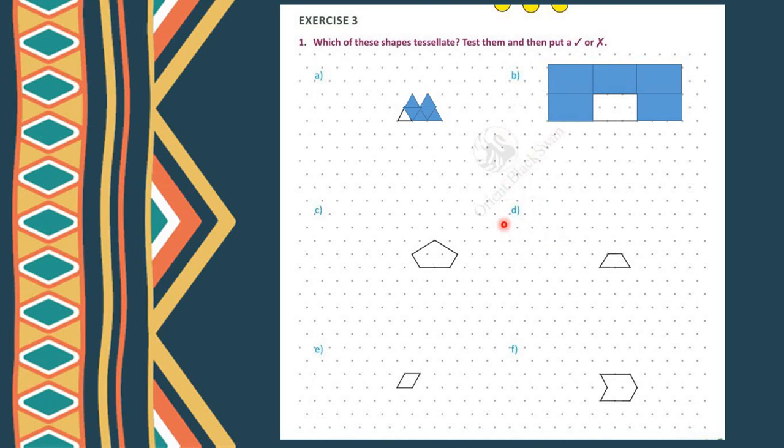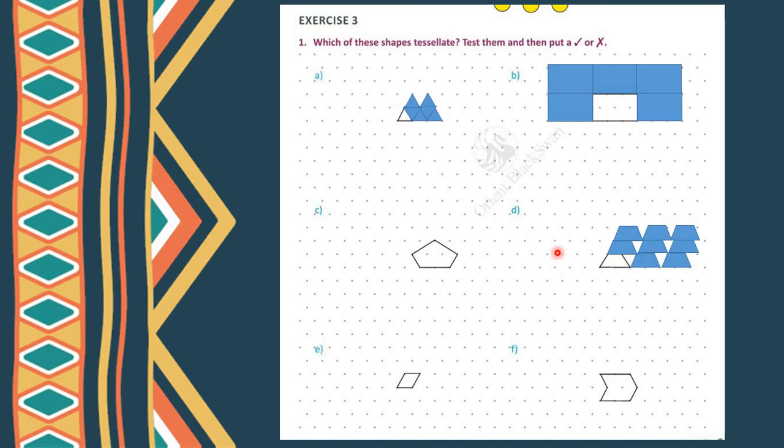Now let's observe D part. Trapezium is drawn here. Now if you repeat drawing this tile, you will find that there's a triangle left in between the gaps, right? That means you cannot fit the same tile in those gaps. That means it is leaving some gaps in between.